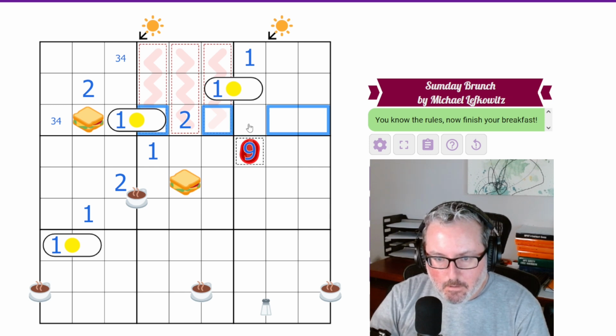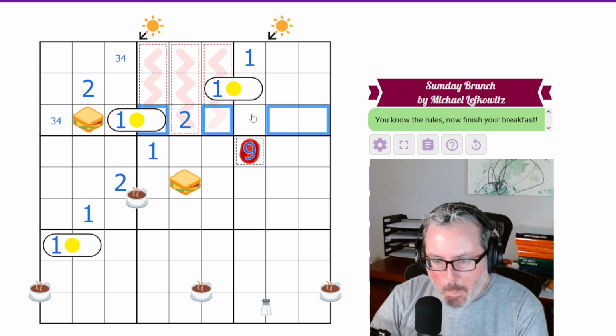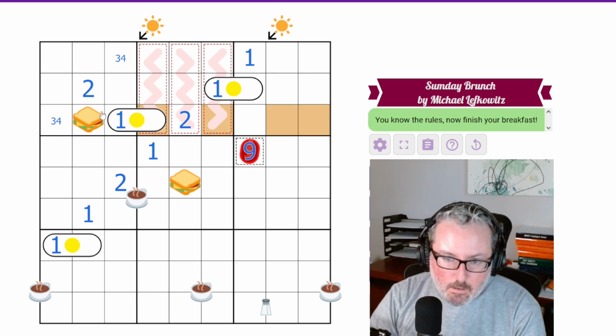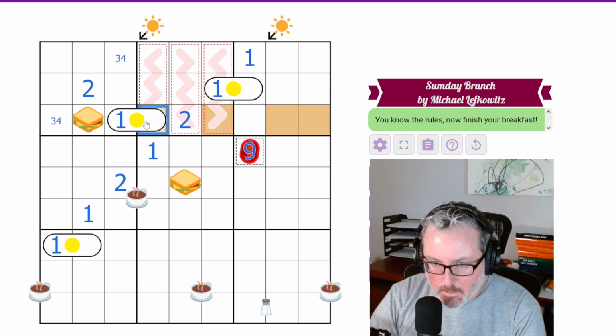Obviously, it can't be there. The question is, is that super useful at the moment? Can we rule out, let's color these just for a second so I can keep an eye on them. Let's use orange. Now, this one obviously can't be 9, because if it was 9, then the value of the sumwich would be 0.